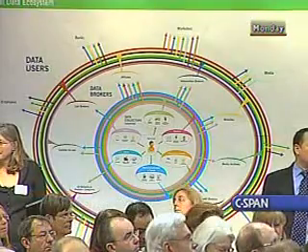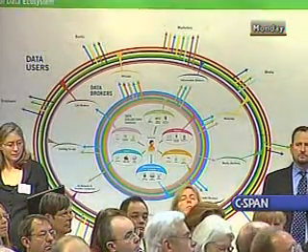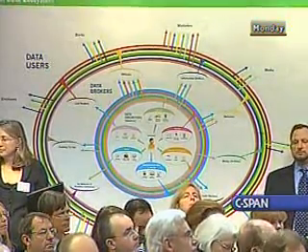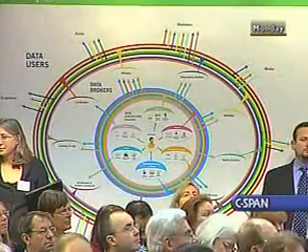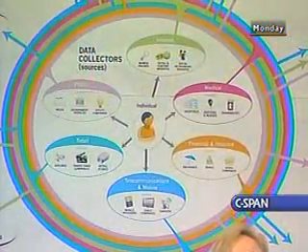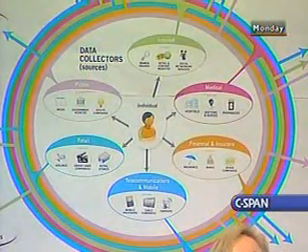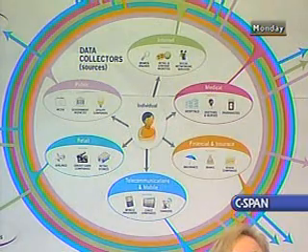Then coming back to the consumer, there's a variety of services that happen from the data users and through this aggregation of data. It can be the extension of credit, it can be advertising, it can be a whole host of things that the data users then bring back to the consumer. In some cases, the consumer is aware of these services. In other cases, they're not particularly aware of them.